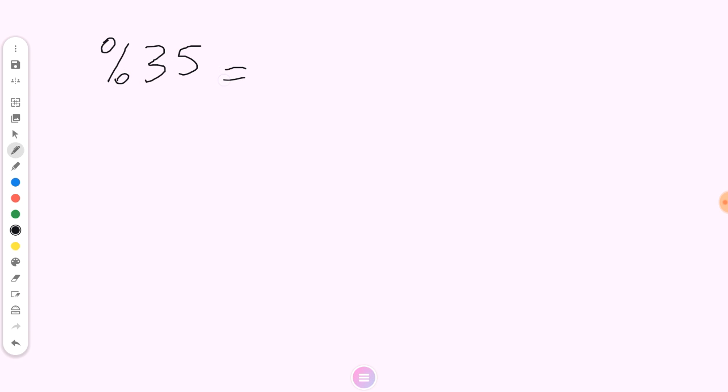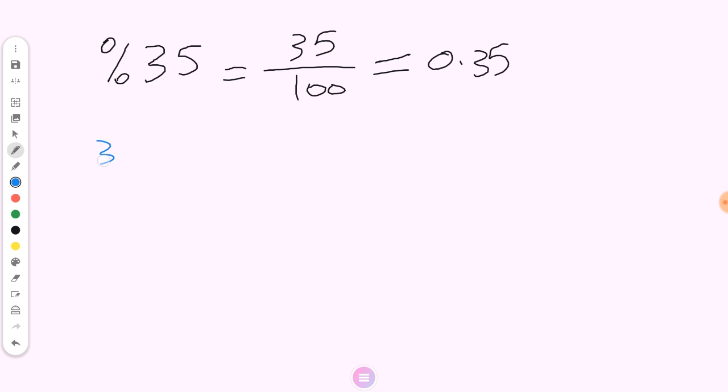35% means what? It means 35 over 100. Remember it well. This is as a fraction. And as a decimal number, it will be 0.35. Okay, so if I ask you for 35% of 100, what should we do? If I need a percentage of a number, what is the 35% of 100?